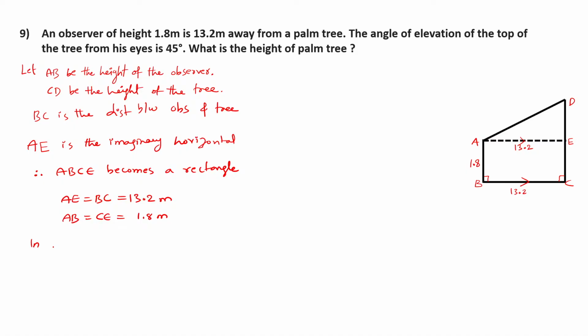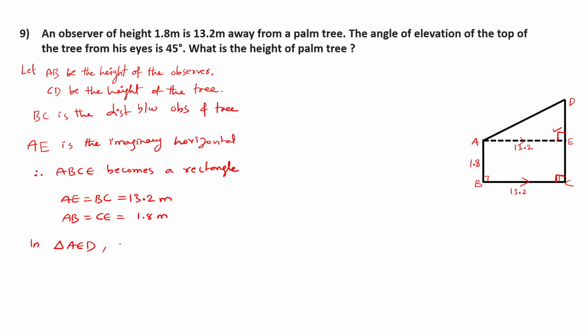Now in triangle AED we observe here, since angle C is 90 degrees, here angle E will also be 90 degrees. With what type of concept we can say that angle E is 90 degrees? Please drop in the live chat. Why is angle E also 90 degrees?